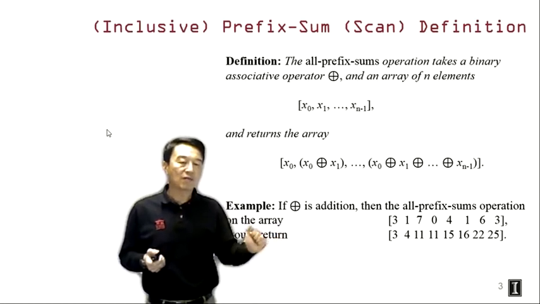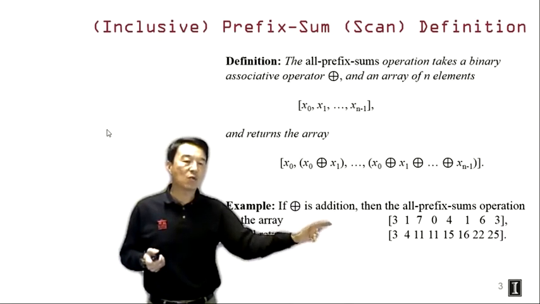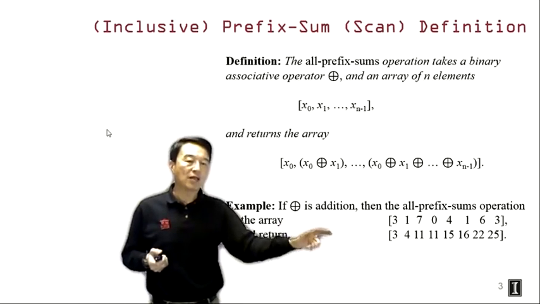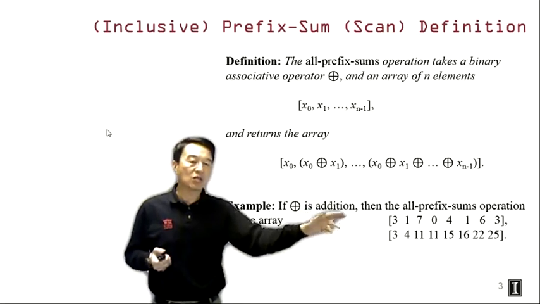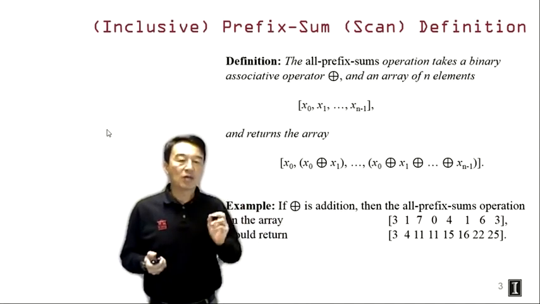The zeroth element is just 3, and the first element is the addition of 3 and 1, which gives us 4. The next element is the addition of 3, 1, 7, which is 11. Every element is a cumulative sum of all the input elements up to that position.